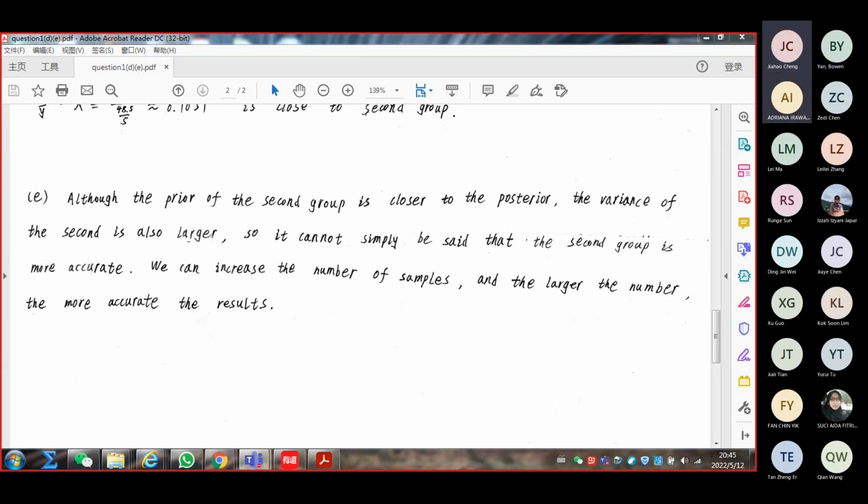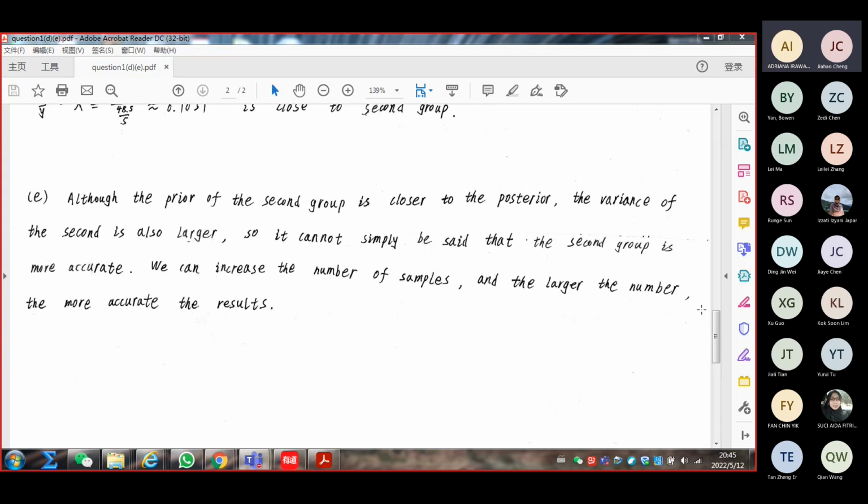Okay, thank you, Doctor. The point here is that if you have more data, obviously the data will dominate. So if you have more data, then the N and the S will become bigger and more dominant.